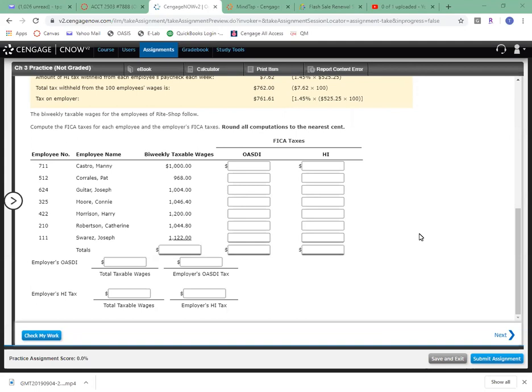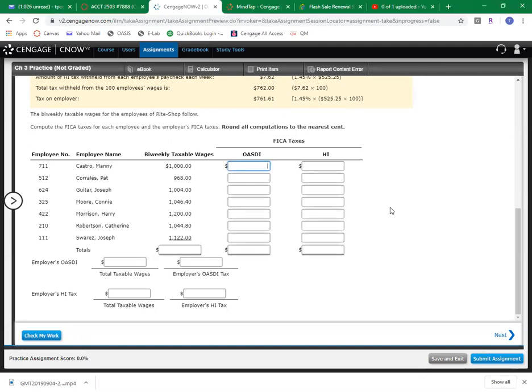The only reason I wanted to go over this one is that when we get to the employer's contributions, there's a rounding situation, not really an issue, because it's correct. As I go through and calculate these again for Manny Castro, I would take 1,000 times 6.2% to get the OASDI, and then 1,000 times 1.45% to get the HI contribution for him.